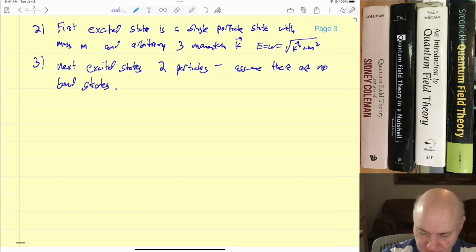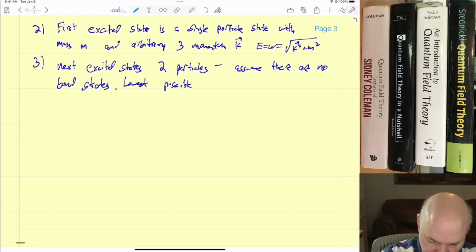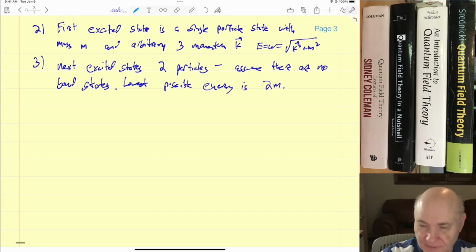So in any event, what I want to do is pretend that there are no bound states. Then the lowest possible energy is 2m. This would be like when the particles are just standing next to each other. They're not moving. They each have 0 momentum.